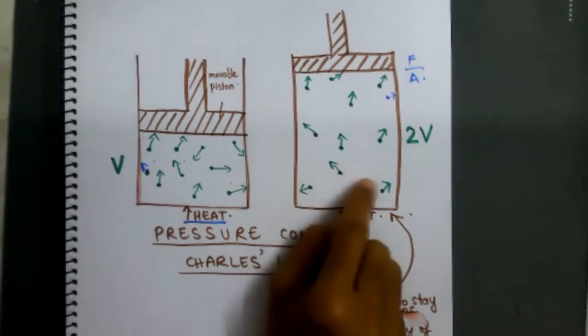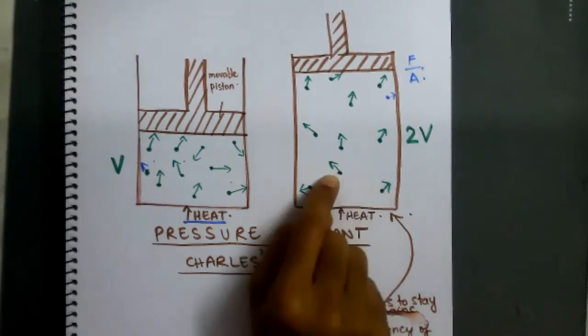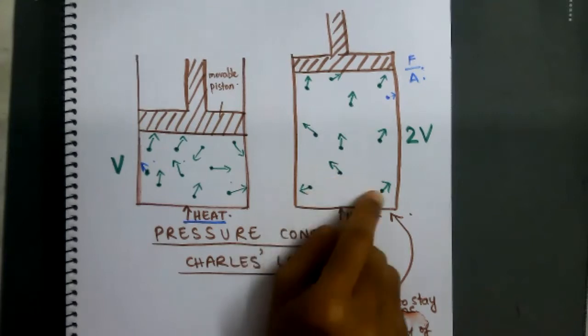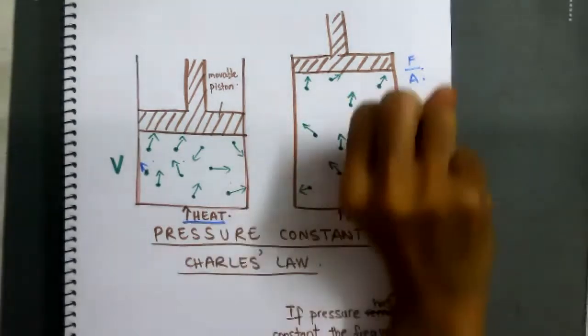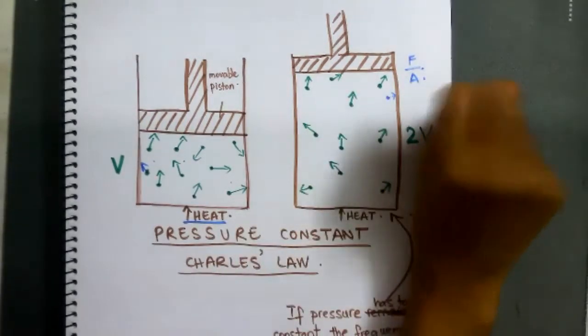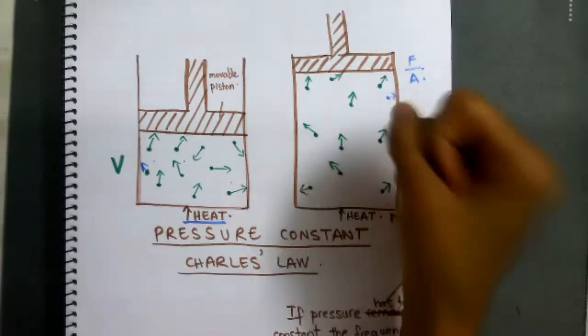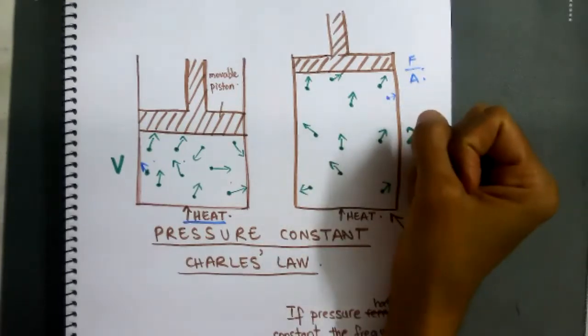And so, in traveling such distance, they lose their kinetic energy, right? So basically their overall average kinetic energy will decrease. So temperature will decrease.